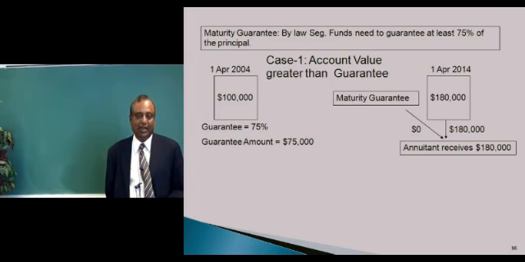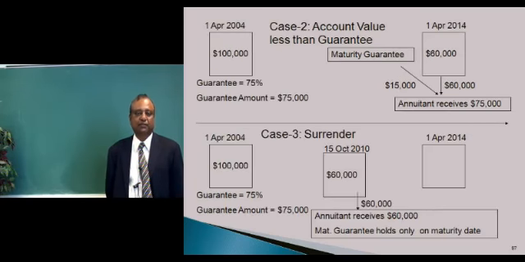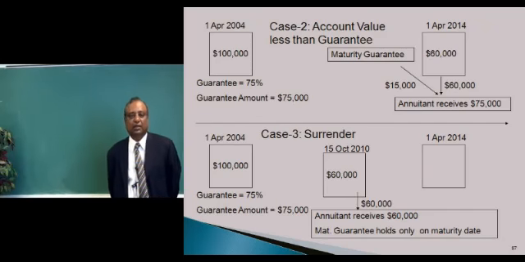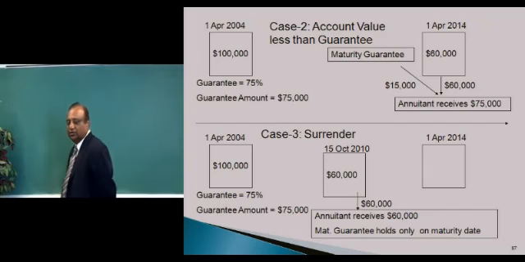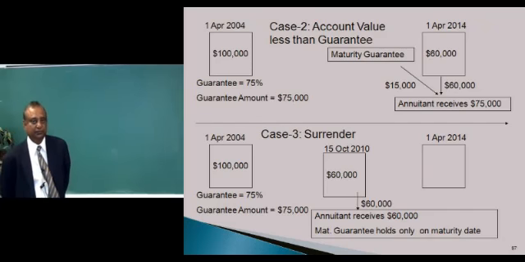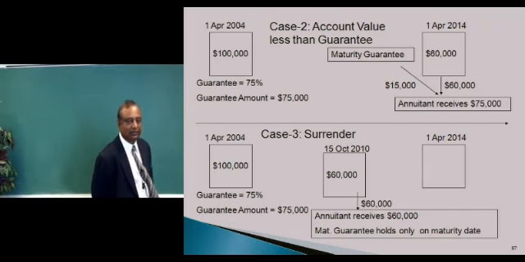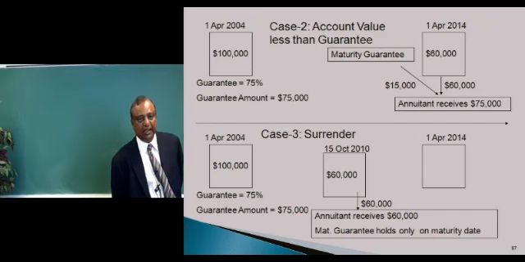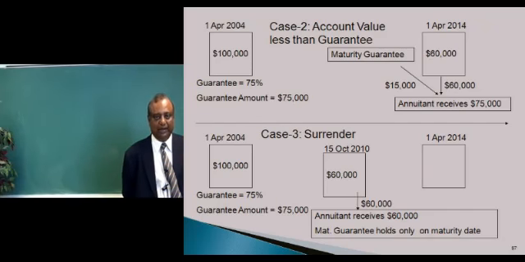What happens if the value is lower? If on 1st April 2014, for example, the value in the account is only $60,000, the annuitant will receive $75,000, the higher of the guarantee amount or the account value.